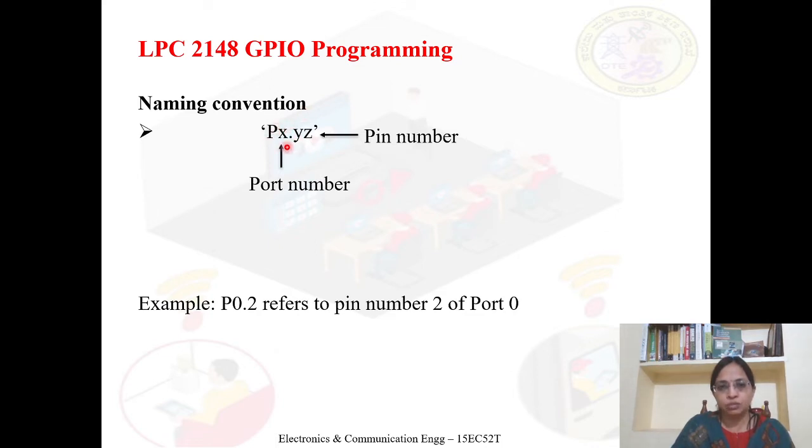So x represents what here? The port number, and yz represents the pin number. For example, here I have written P0.2. This 0 means port 0 and 2 represents pin number 2. So P0.2 says pin number 2 of port 0.